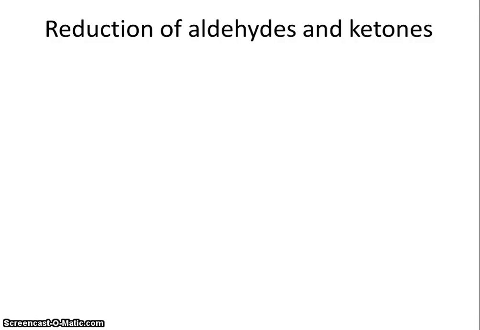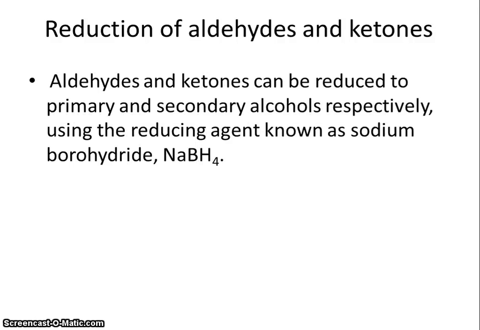Last little bit of this. Reduction of aldehydes and ketones. Aldehydes and ketones can be reduced to primary and secondary alcohols respectively using the reducing agent commonly known as sodium borohydride, NaBH4. You don't really need to know how or why that process works. You just have to know that it can be reduced. If you think about it, it makes sense.